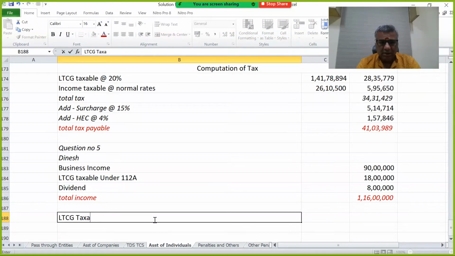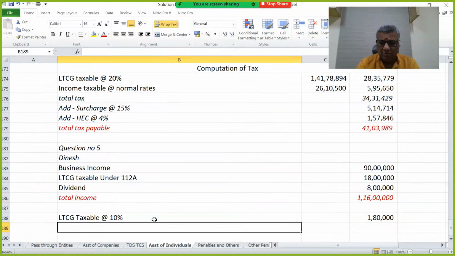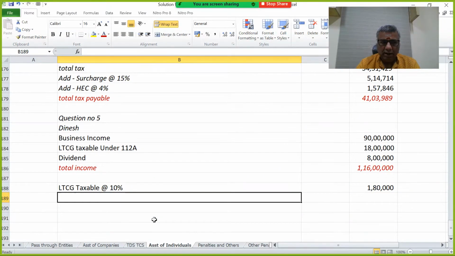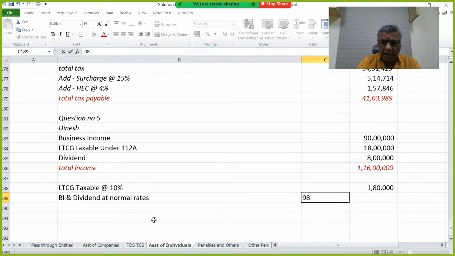LTCG is taxable at 10%, because they have already adjusted that. Business income and dividend at normal rates, which is nothing but 90 plus 8, 98 lakhs.